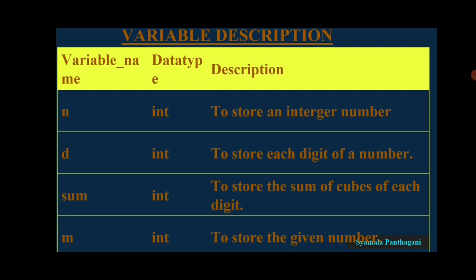Now come to the variable description. Here I have taken 4 variables to write the program.